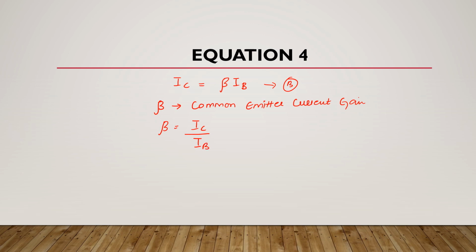It means this beta is the ratio of the DC collector current to the DC base current. Typically, the values of beta range from less than 20 to 200 or higher.